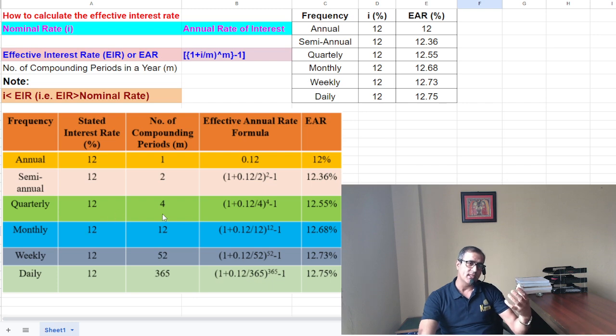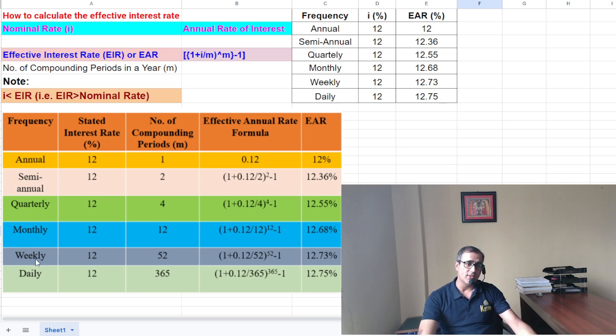When it is quarterly, there will be 4 compounding periods in a year, 4 payments. Now this is 1 plus I, the nominal interest rate, divided by M. Again you will have a different value. Remember, friends, that in the quarterly and monthly cases, you will have a higher effective annual interest rate.